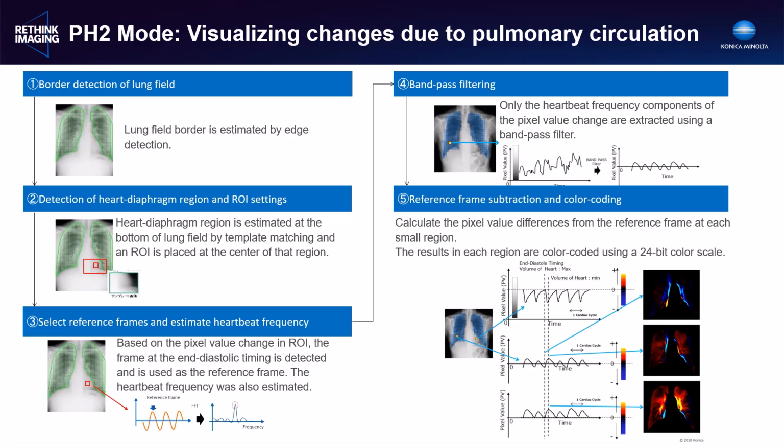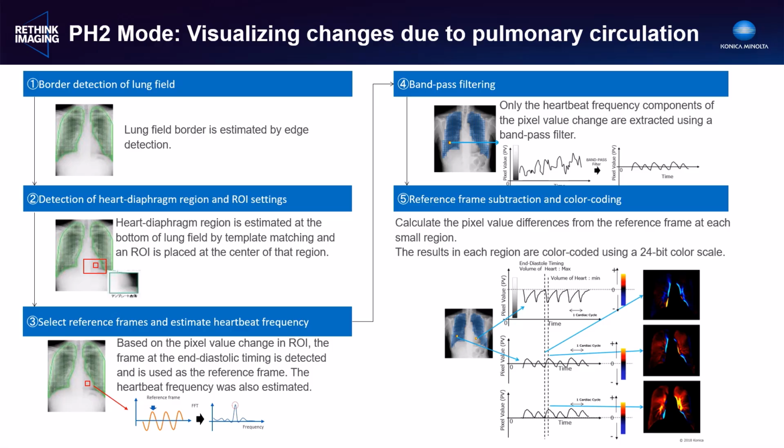To look at changes over the cardiac cycle, we first segment the lung regions, define an ROI at the cardiac border, and use the variation in signal within this ROI to estimate the heartbeat. We then define a frame at end diastole as the reference frame.